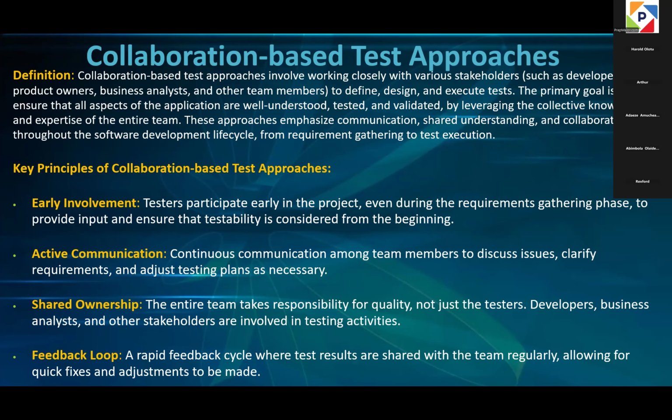The primary goal is to ensure that all aspects of the application are well understood, tested, and validated by leveraging the collective knowledge and expertise of the entire team. These approaches emphasize communication, shared understanding, and collaboration throughout the software development lifecycle, from requirement gathering to test execution.